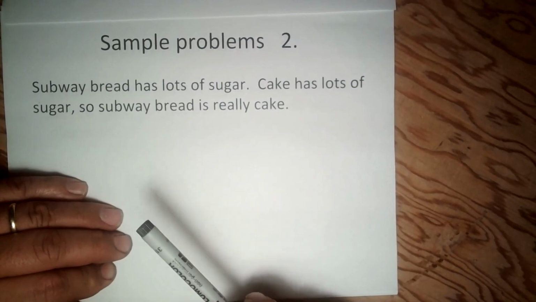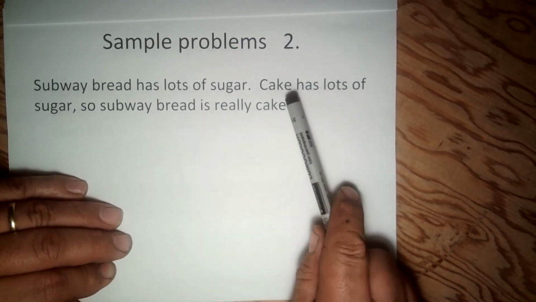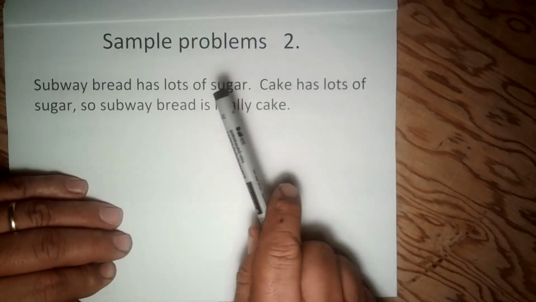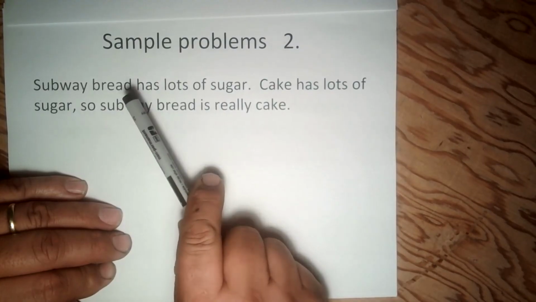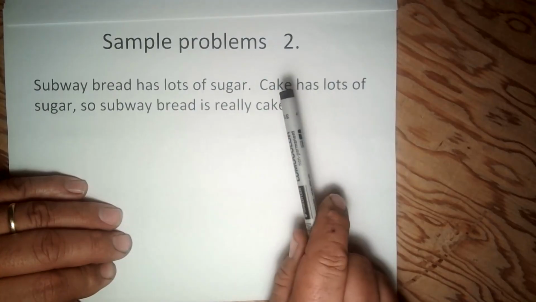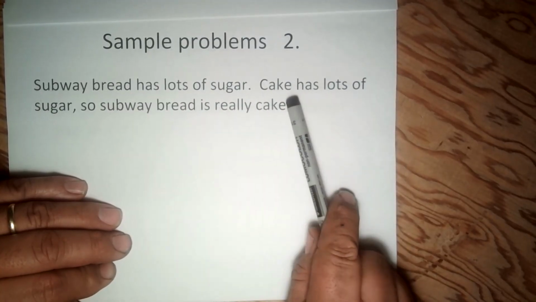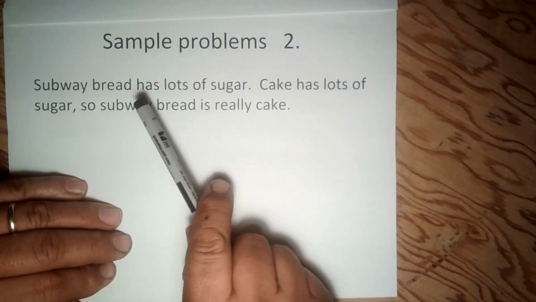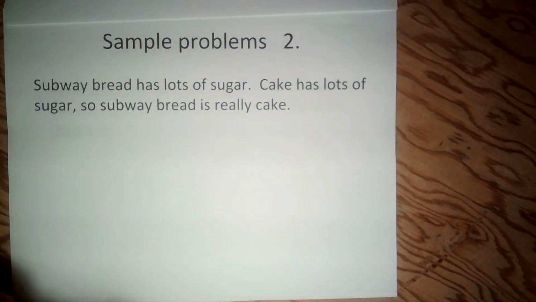And what makes it interesting, of course, is that Ireland has a different tax for cake, which is considered a luxury, than it does for bread, which is a basic staple of life. So bread is tax-free, cake is taxed. And so if Subway is buying all this cake to make their sandwiches, then they pay more tax. So the government of Ireland is happy and the company Subway is not.